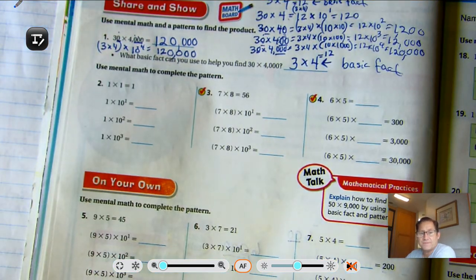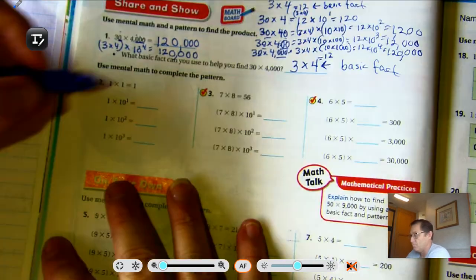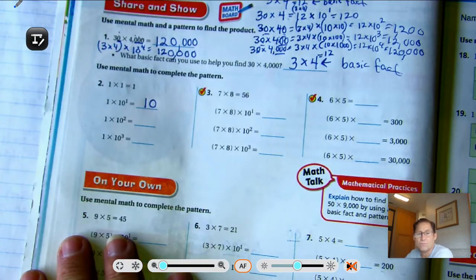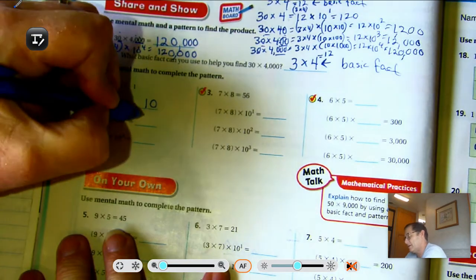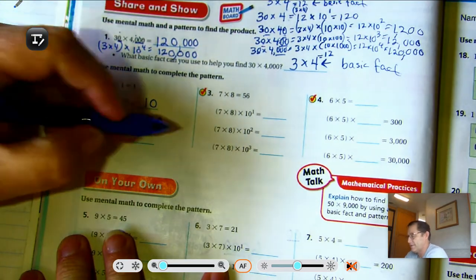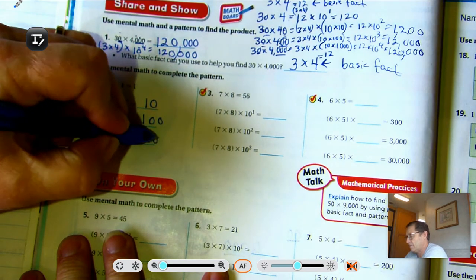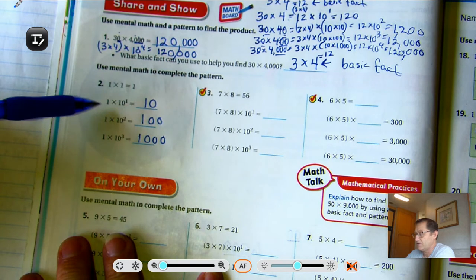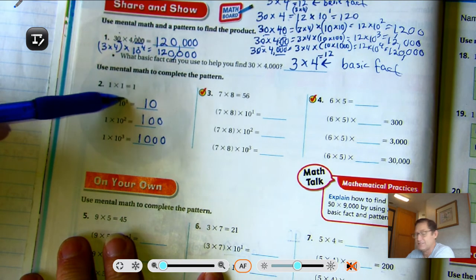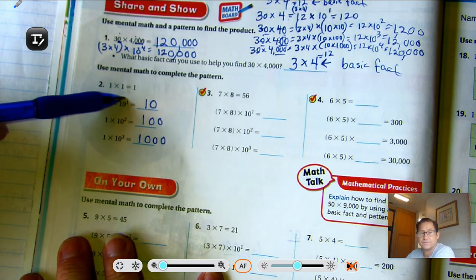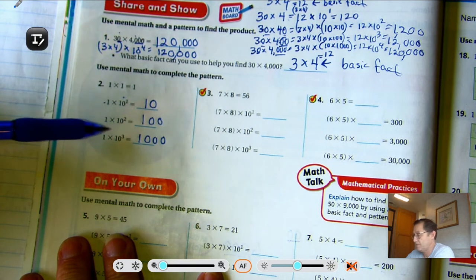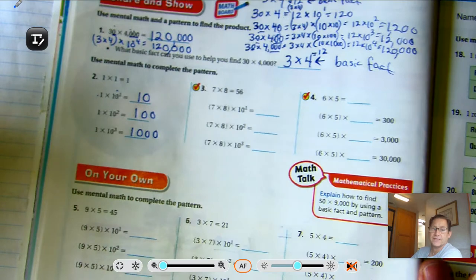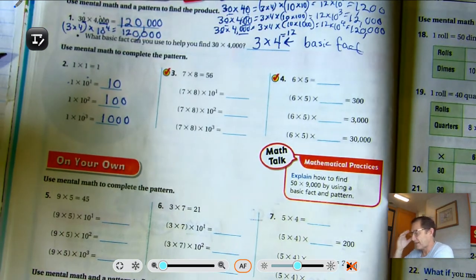All right, use mental math to complete the pattern. 1 times 1 is 1. 1 times the first power of 10, 10. 1 times the second power of 10, 100. 1 times the third power of 10, 1,000. And again, we're just noticing that the number of zeros after the whole number matches the number in the exponent. 1 zero, 2 zeros, 3 zeros. So 7 times 8 equals 56.